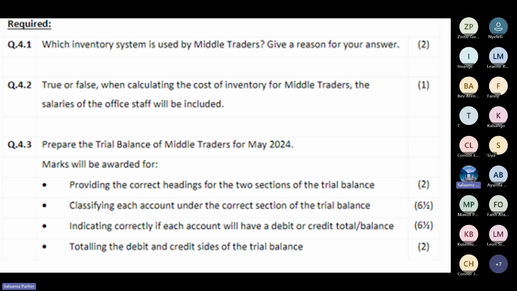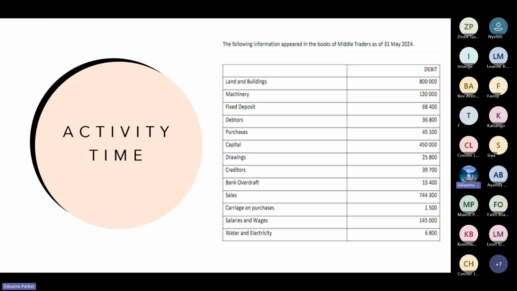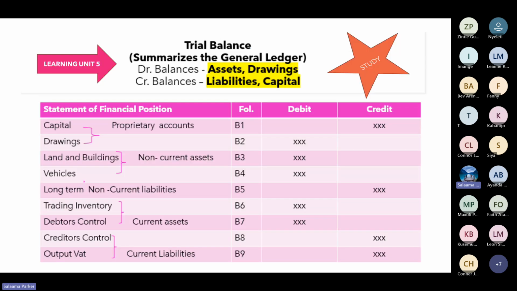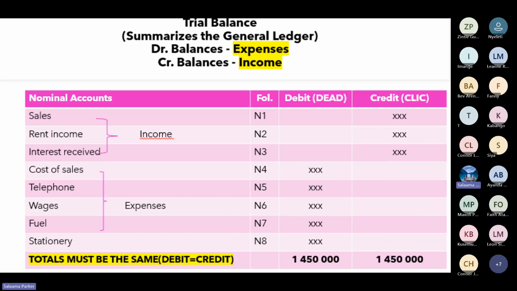Already I've given you the outline, the two sections: statement of financial position section and nominal account section. We've identified which goes into the statement of financial position. Your proprietary accounts, let's go back again: proprietary, assets, liabilities, and what goes into nominals, income and expenses.